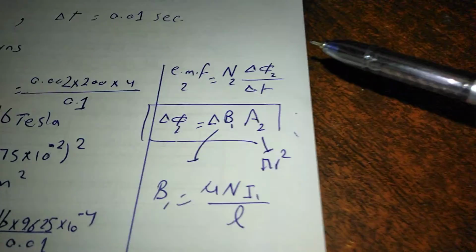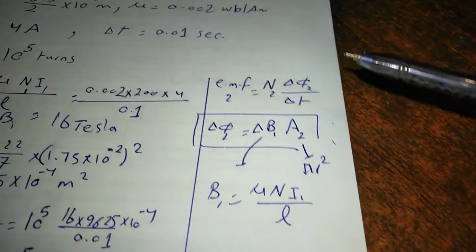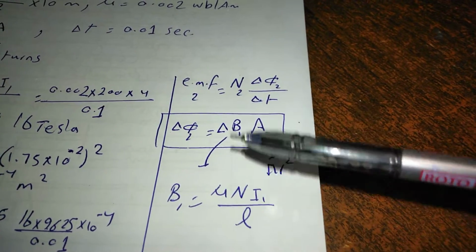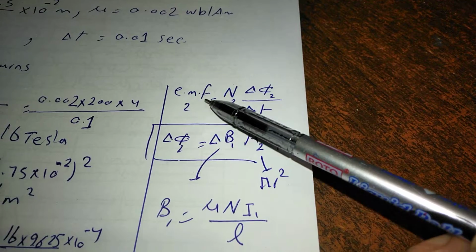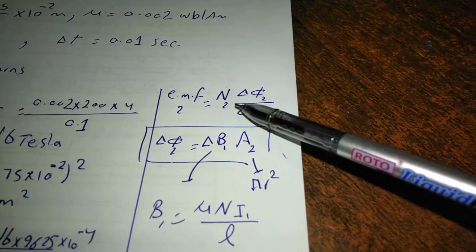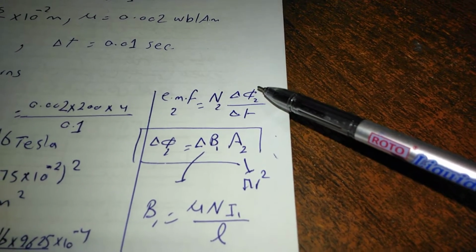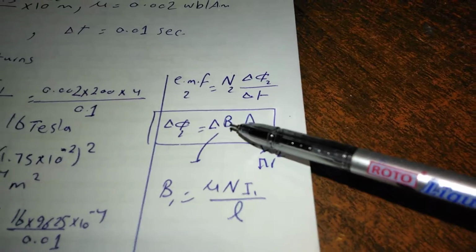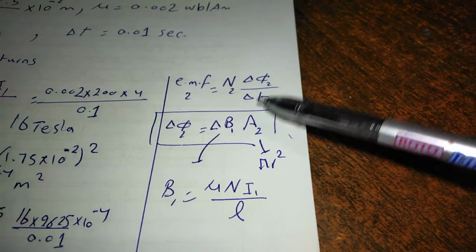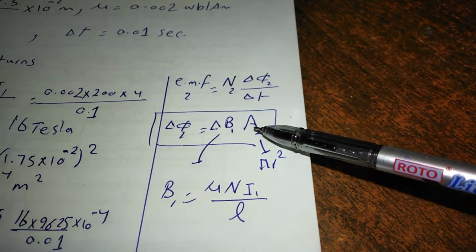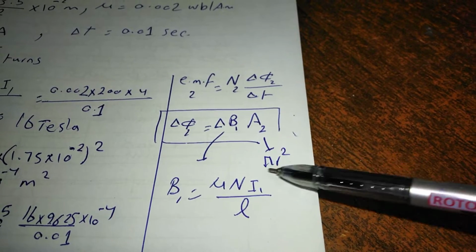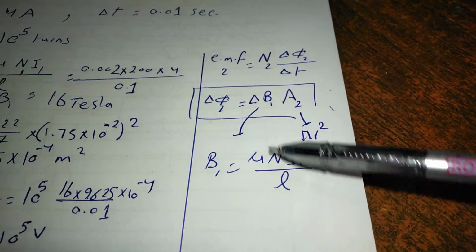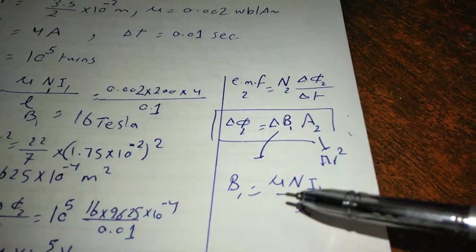The inputs here allow us to write three physical equations. What are they? The secondary electromotive force equals N2 times the rate of change of flux, which is a product of the primary field times the secondary cross-section area, which is a common cross-section as I have mentioned. So we have to calculate the field of the current first of all.